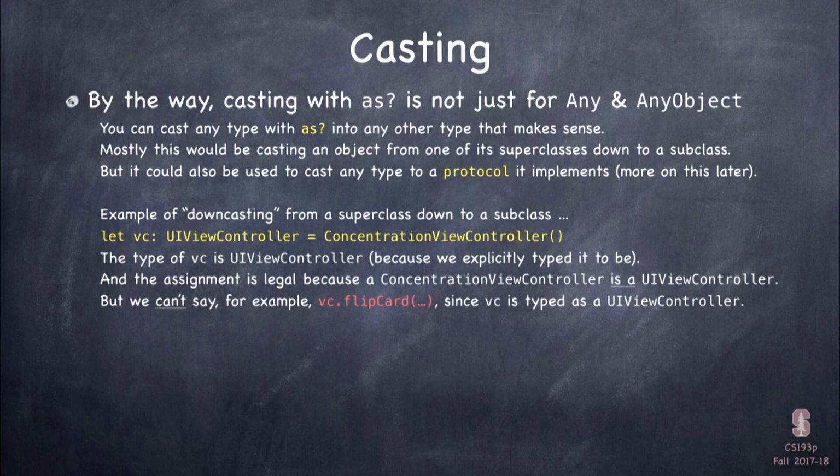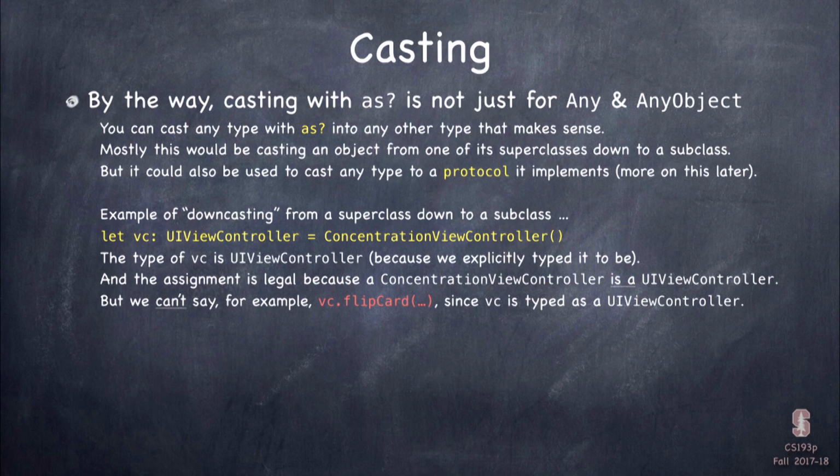Now, if I wanted to send flipCard, a method in ConcentrationViewController, to vc, I could not do that. It would not even compile. Why? Because vc is of type UIViewController, and UIViewController doesn't have flipCard. ConcentrationViewController has it, but not UIViewController.